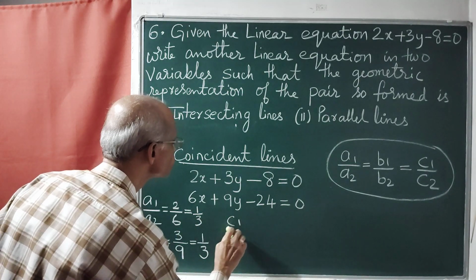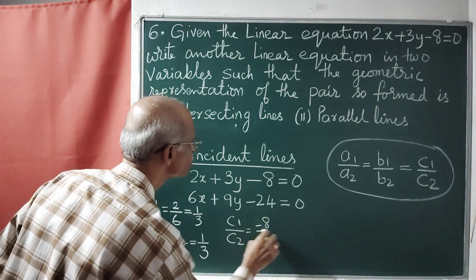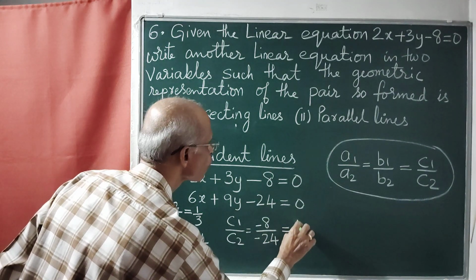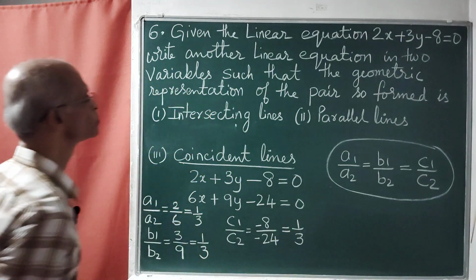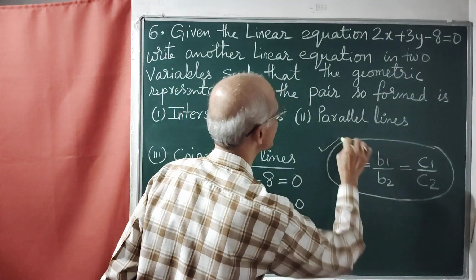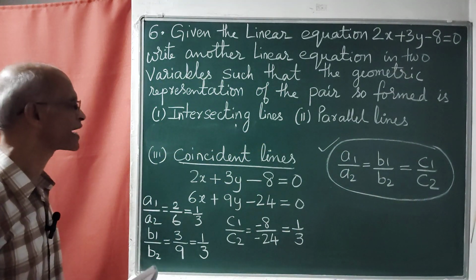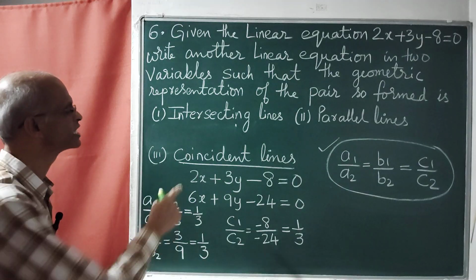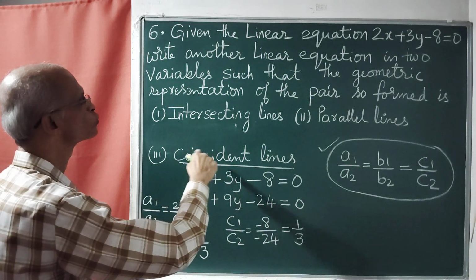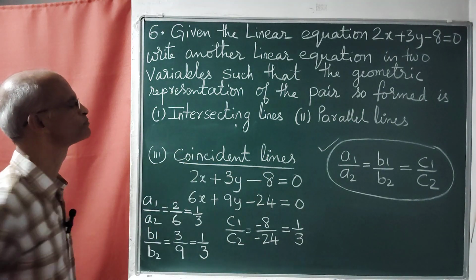C1 by C2 is equal to minus 8 by minus 24, this is also equal to 1 by 3. So this condition is satisfied. Therefore, the lines representing these equations are coincident.